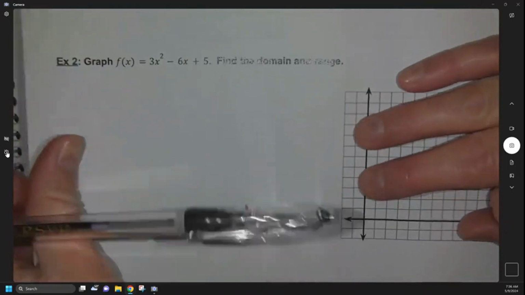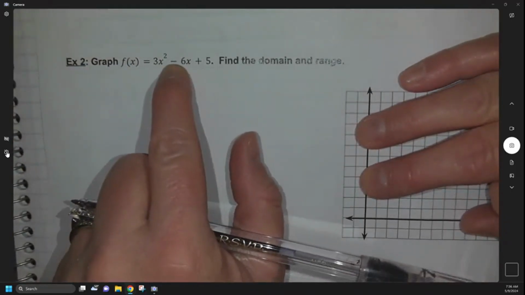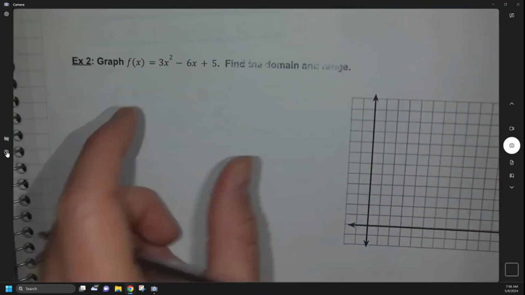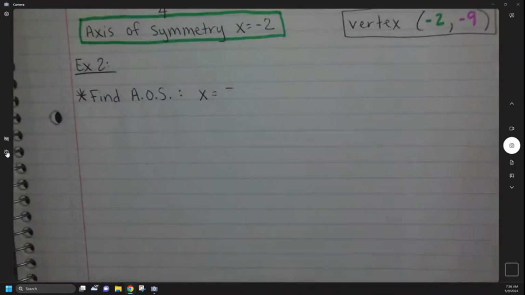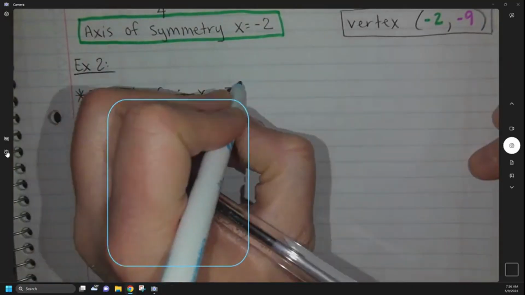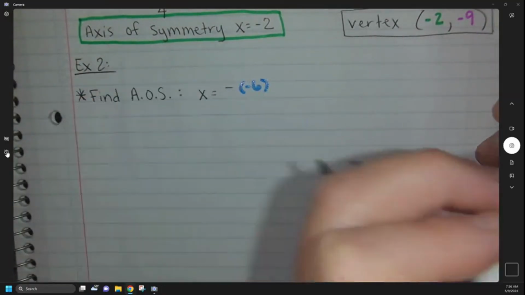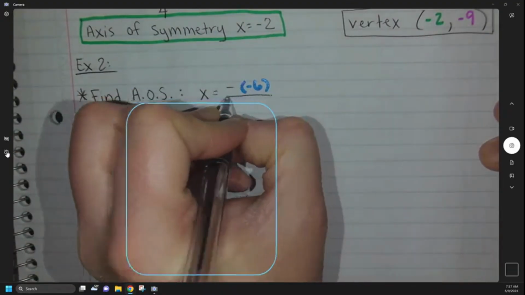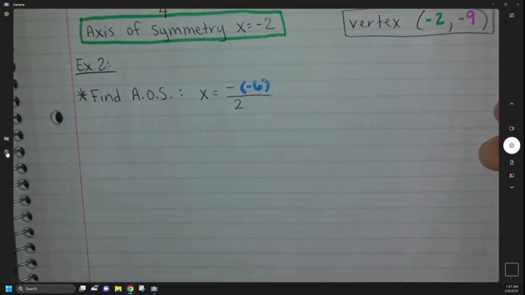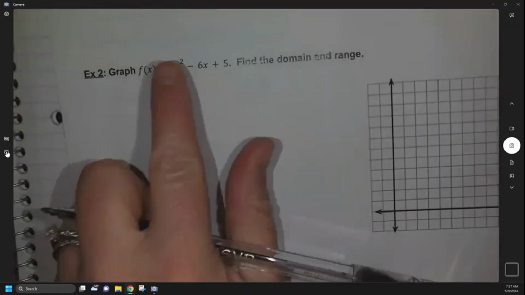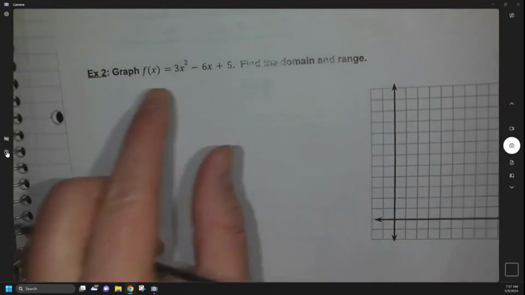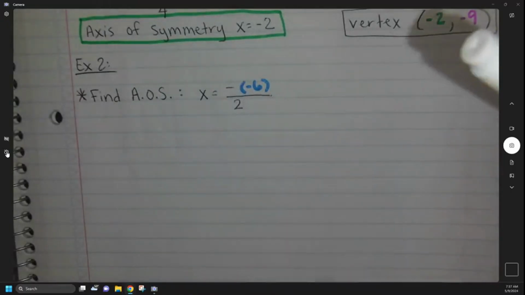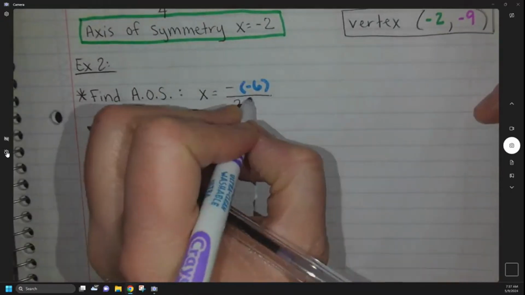What is our b value? B is -6, so I'm going to put -6 over 2 times a. A is 3, so 2 times 3.